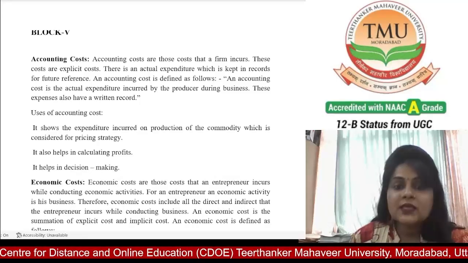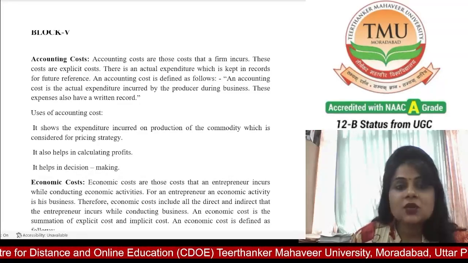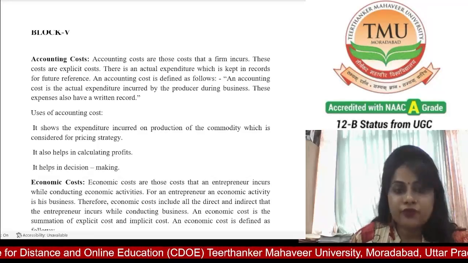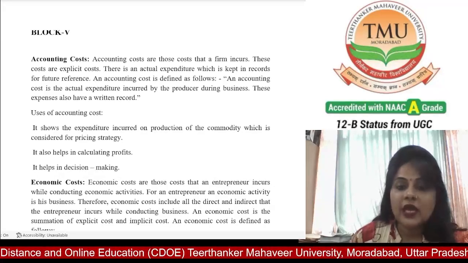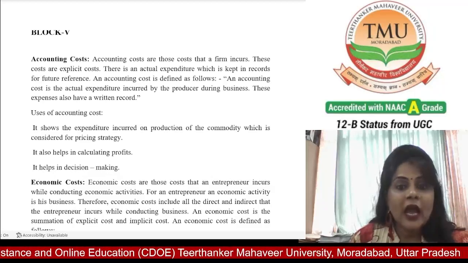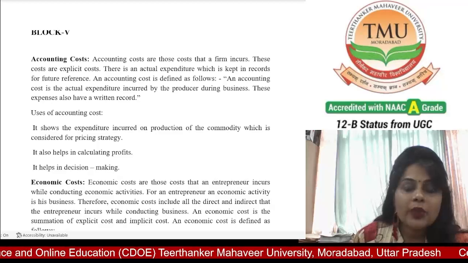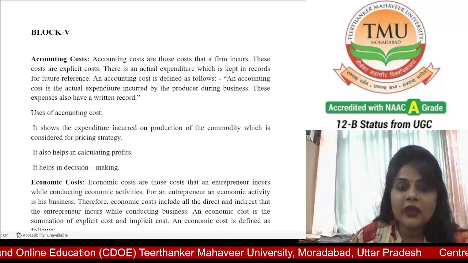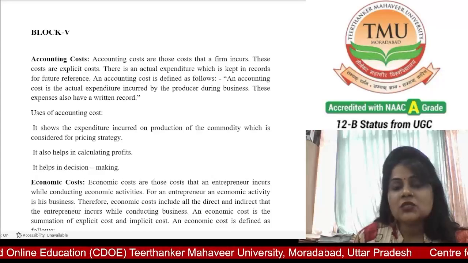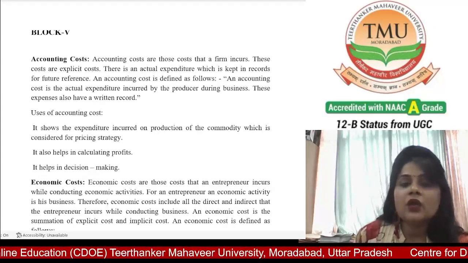For example, suppose a business plans on opening a storefront in a new market. It may first decide to make investments, including hiring new employees, new computer software and equipment, credit inventory, and rent. If the total amount spent on these features is, suppose, 40 lakh, that's the total accounting cost.